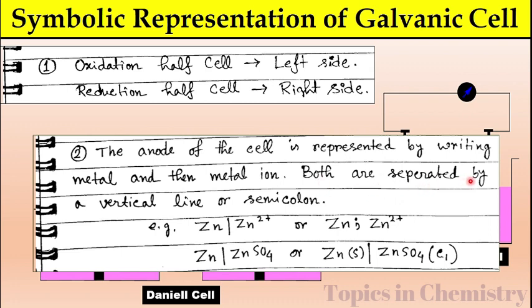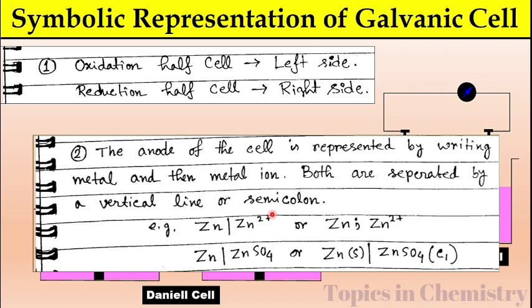Both are separated by a vertical line or a semicolon. Here you can see zinc is first, the metal, then a vertical line, then Zn2+. Or you can write Zn, then a semicolon, then Zn2+. So here you are mentioning the ion present.